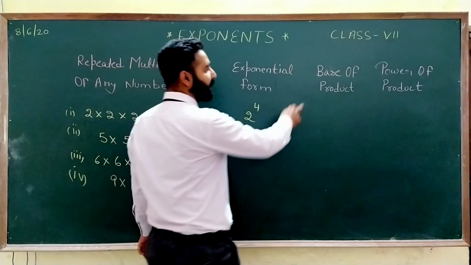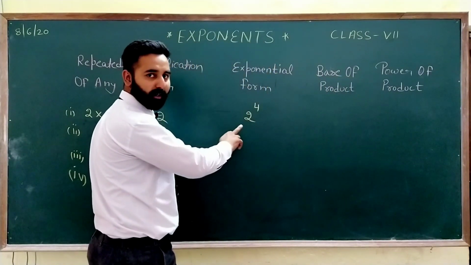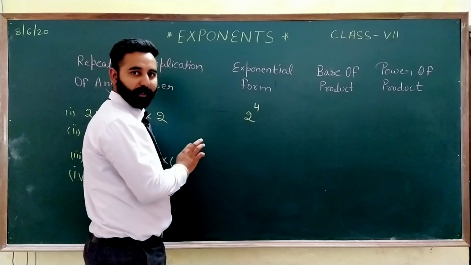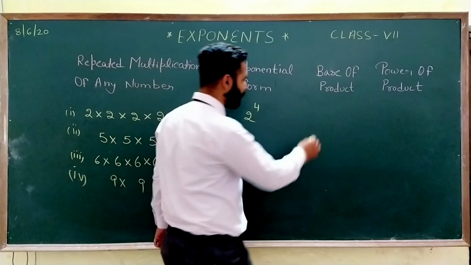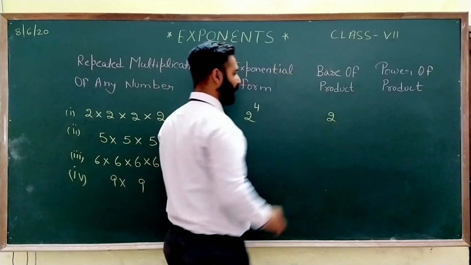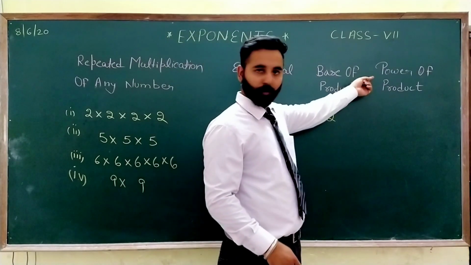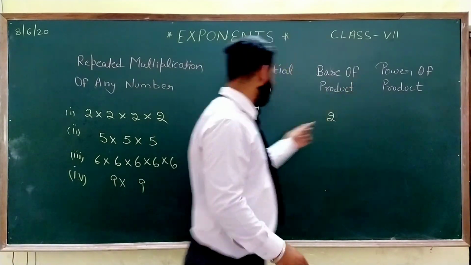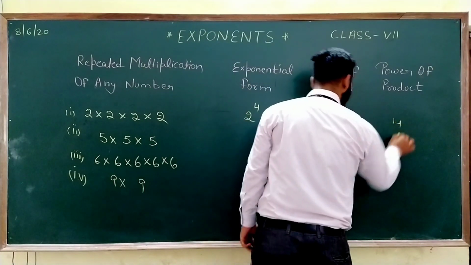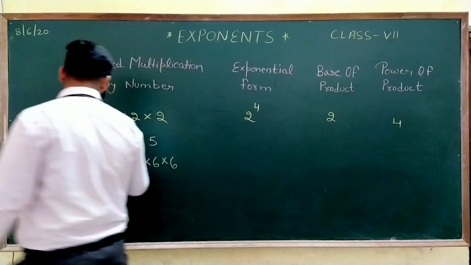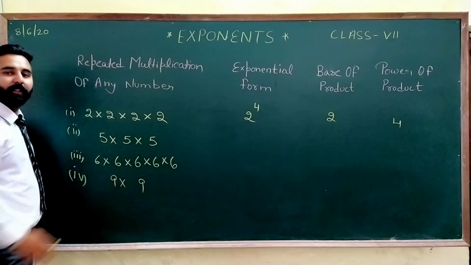Next is the base of the product. The number which is multiplied by itself is known as the base, so here the base is 2. And how many times it is multiplied, that is the power, so here the power is 4.